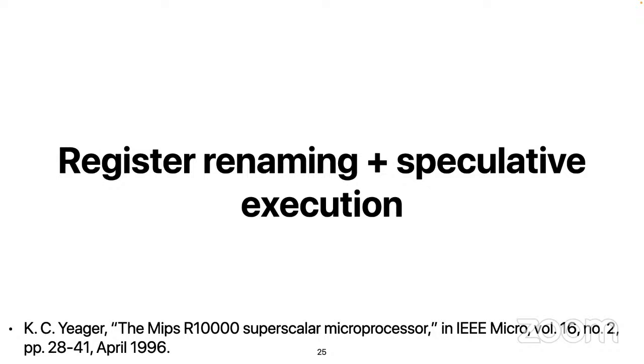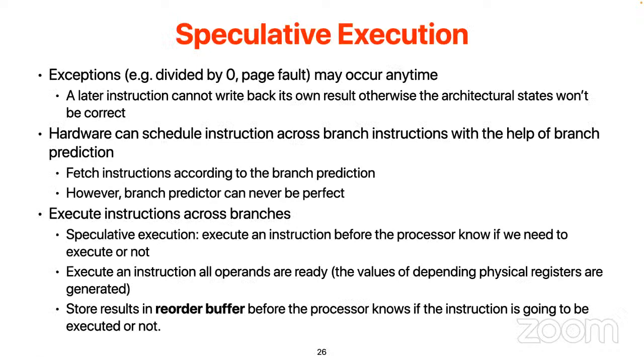These two things put together are how a modern processor exploits the usage of multiple functional units at the same time. Speculative execution is a way that allows instructions to go across branches without facing issues like exceptions or branch mispredictions.